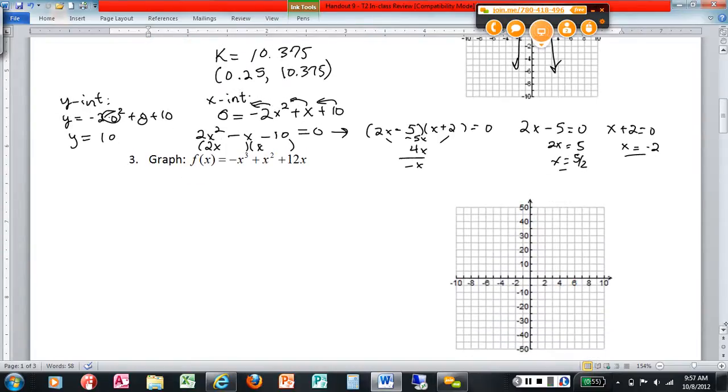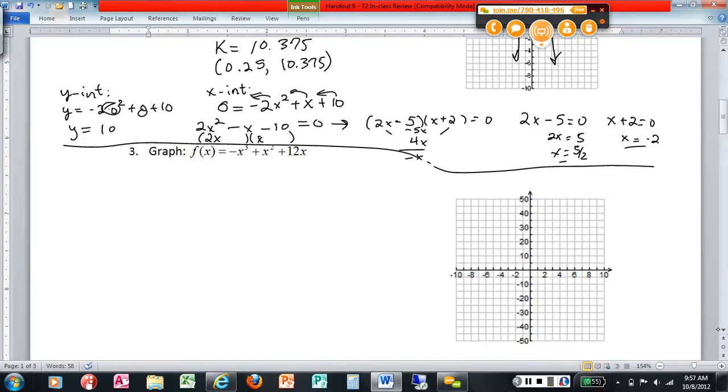All right, number 3. Kind of cluttered up here. All right, so number 3, graph f of x equals minus x cubed plus x squared plus 12x. Okay, well, when you get third degree or higher, they typically have some different shapes you can have, but one thing we did talk about on third degree or higher was the end behavior.